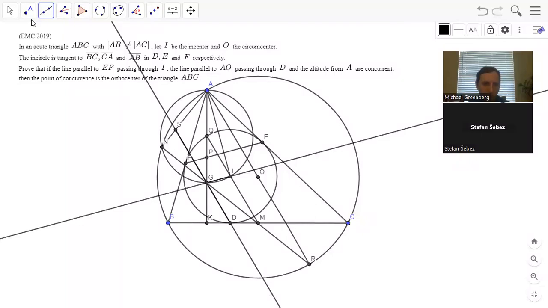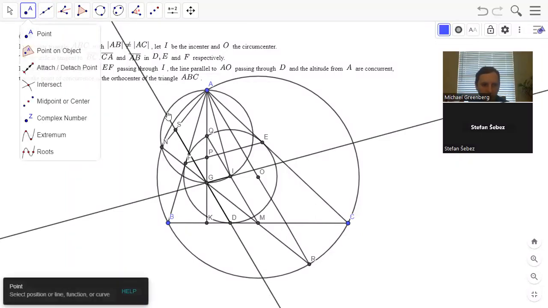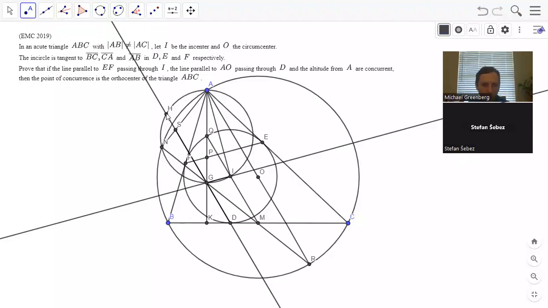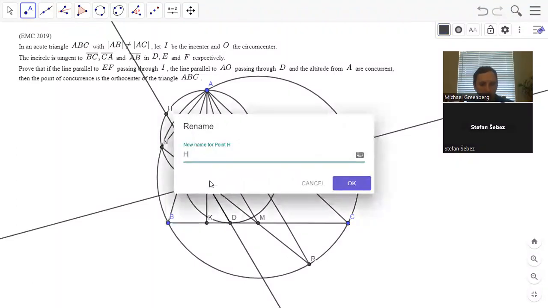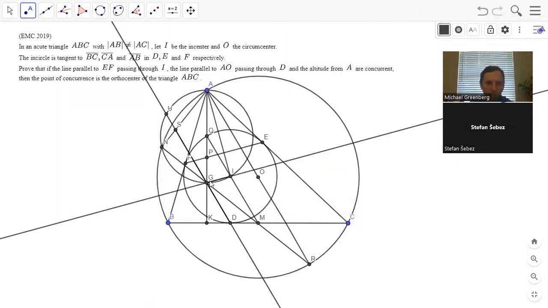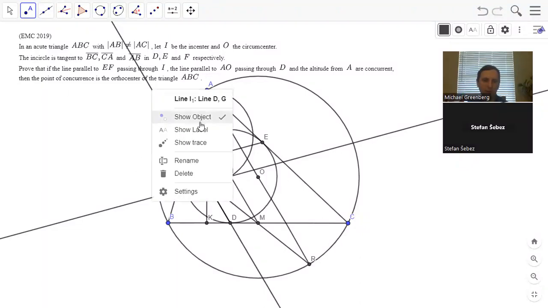So this angle equals, so UAI is equal to AGI. So is that right? So it's like UAI is isosceles, kind of.